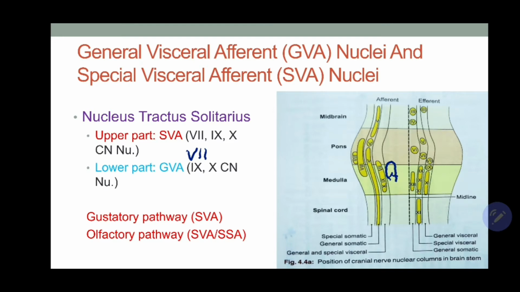nucleus tractus solitarius. Then there are a lot of visceral sensations being carried by the vagus, the longest cranial nerve. So this will bring in general visceral afferent sensations from the pharynx, the posterior-most portion of the tongue, the larynx, then the trachea, respiratory system, then the GIT, right: esophagus, stomach, duodenum, small intestine and all.